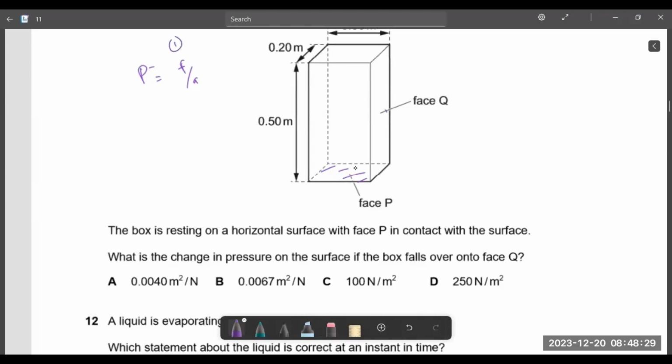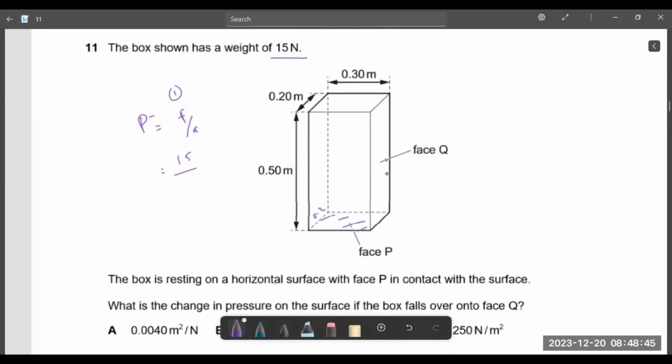First condition: the force is 15 Newton, and the area, resting on P, is 0.2 into 0.3. Calculating this, 15 by 0.06 is 250. So the pressure is 250 in the first case.